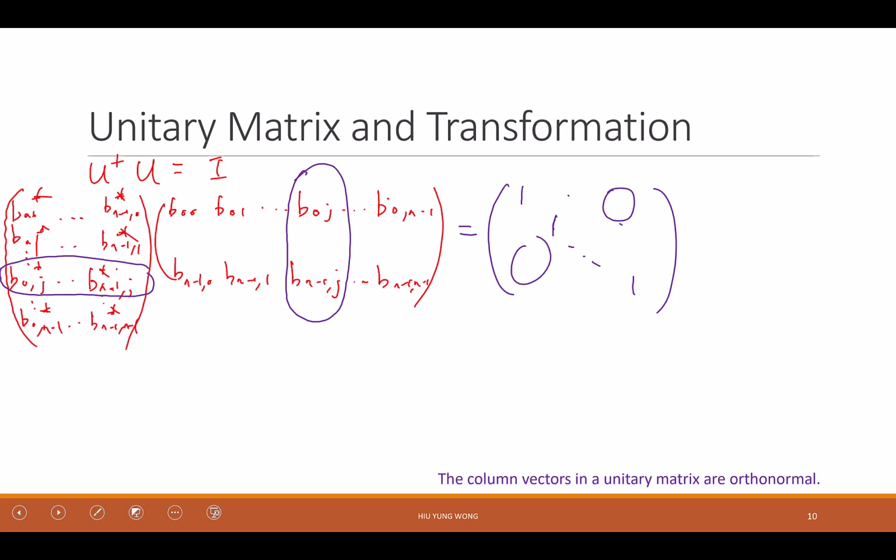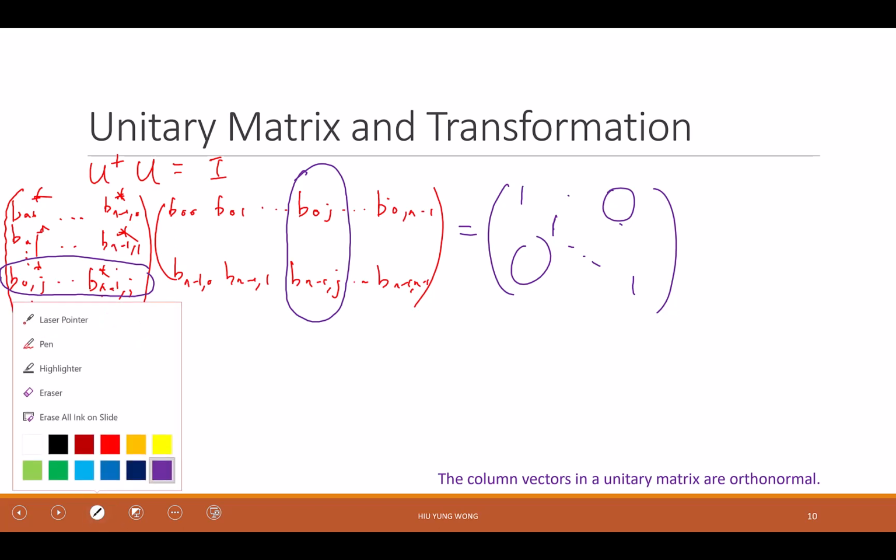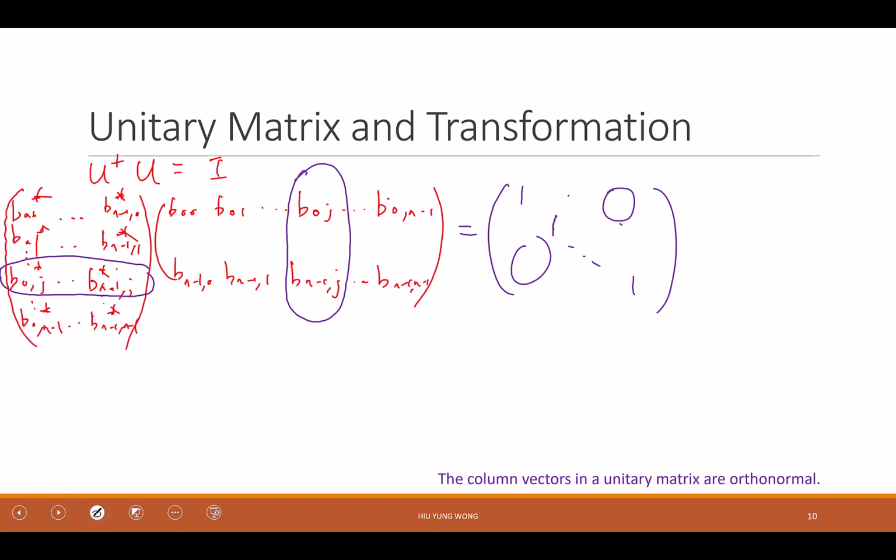If I call this column, I will extend a little bit further. I call these columns V0, V1, Vj, Vn minus 1. Is this okay? I call this whole column V0, just a vector, right? I just group them as a vector, right? Do you see that?